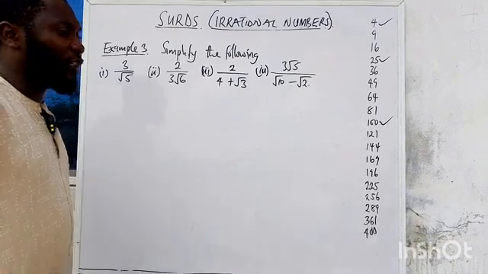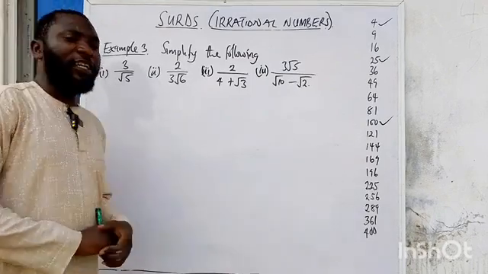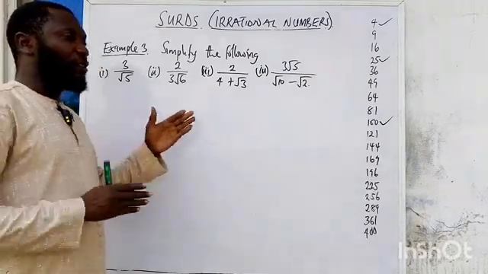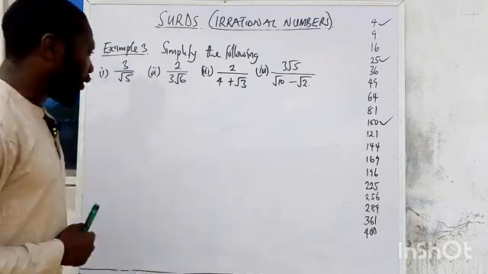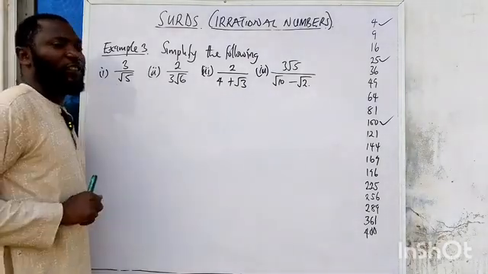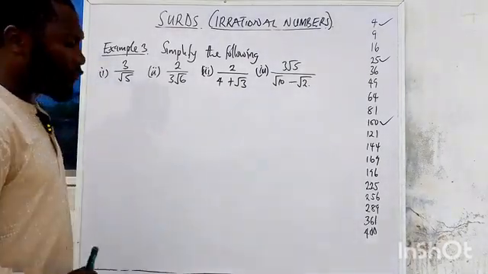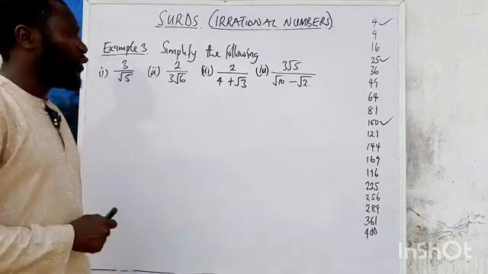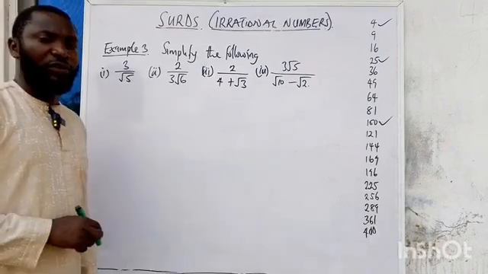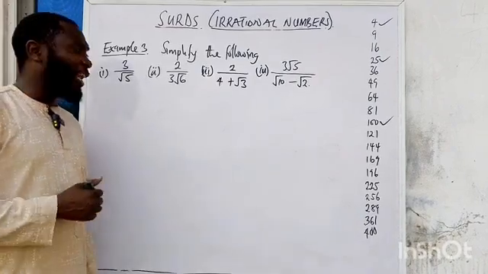Or when you are working with a surd such that after division and multiplication you still have part of your denominator as a surd, what should come to your mind is you rationalize the denominator. So how do we rationalize the denominator?